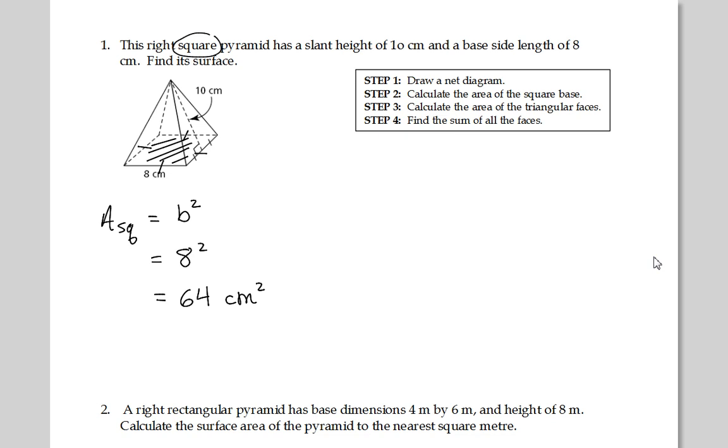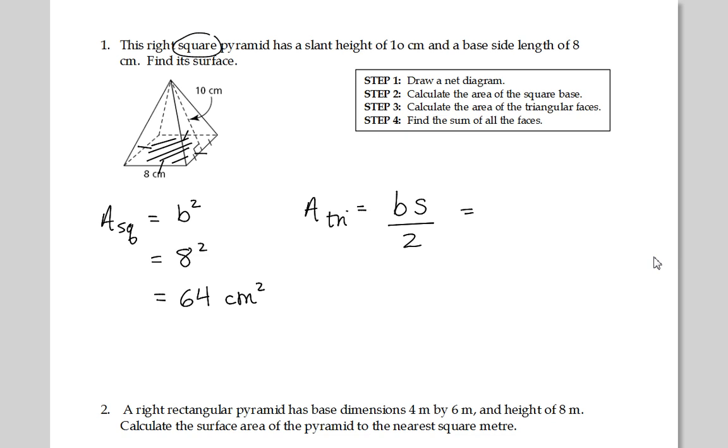Now the triangles, do you agree that they're all the same? Because they all have the same base, 8, and they all go to the same apex. Those slant heights are all the same, of 10. The area of a triangle is base multiplied by slant height divided by 2.